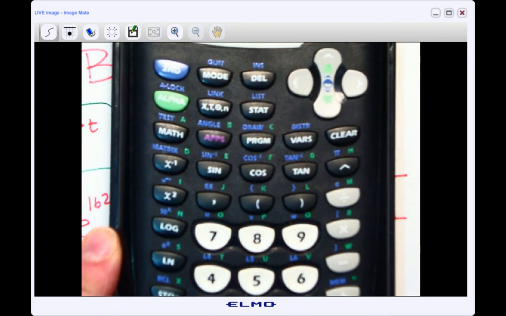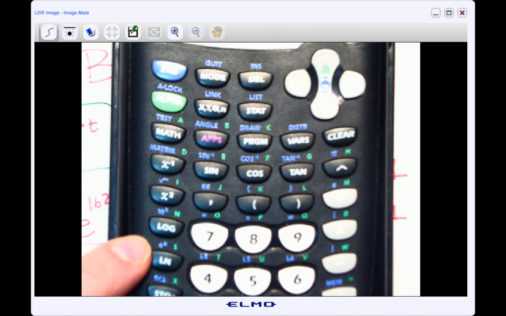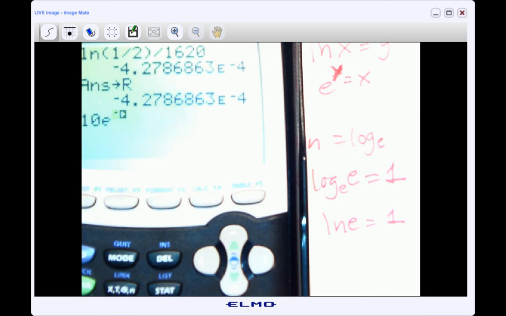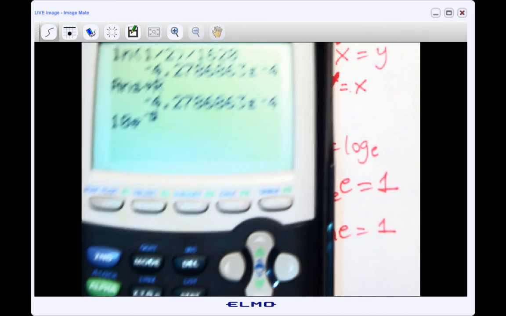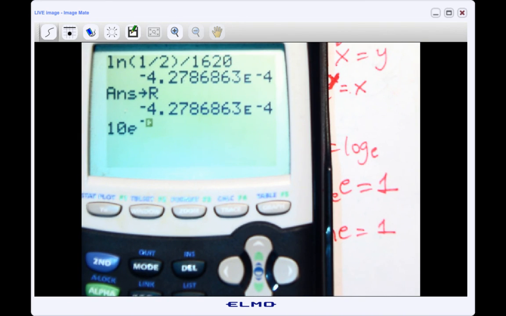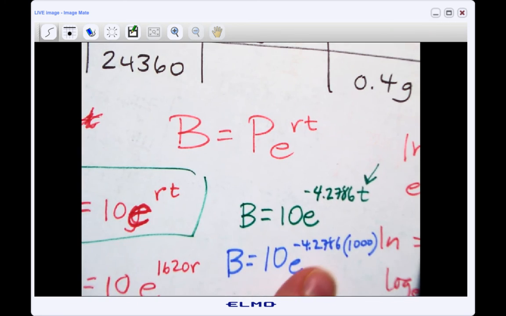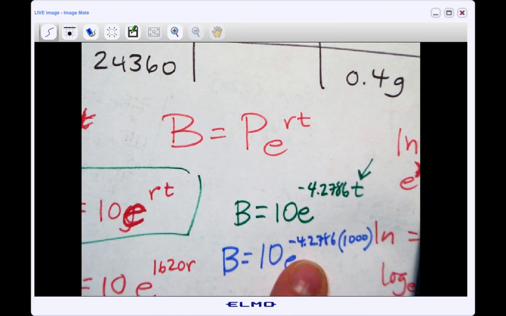It's hard to see it in this one, but above it is e to the x. So you have to hit your second button. And I'm going to do negative, and I'm going to use the negative, not the minus sign. Well, actually, I'm not even going to do that. I'm going to use r because I have r stored in there. So I'm just going to type in r. I don't have to type it in. I'm going to save myself some time. So I'm going to do alpha r times 1,000, the number of years. And so that represents this little expression right here.